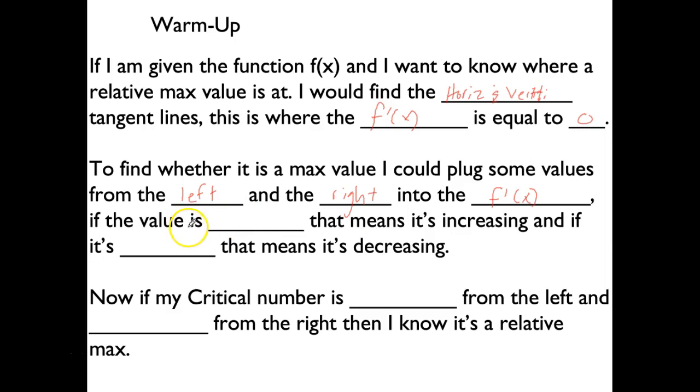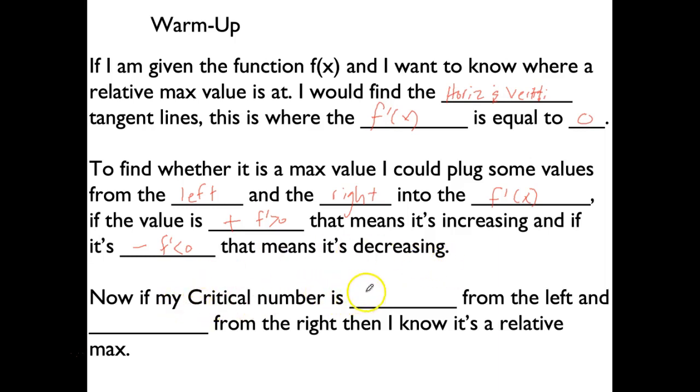Yeah? If the value is positive, the derivative is positive or greater than 0, another way that we've been saying it, that means it's increasing. If it's negative, or the derivative is less than 0, that means it's decreasing.